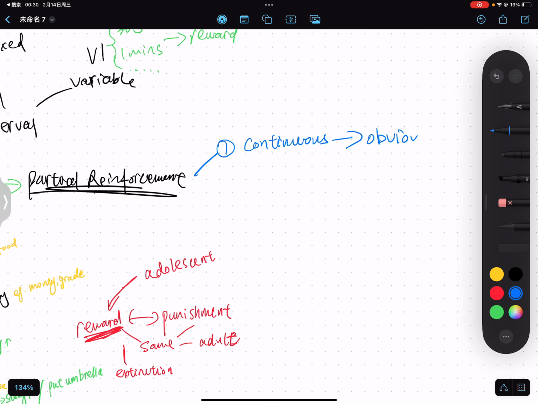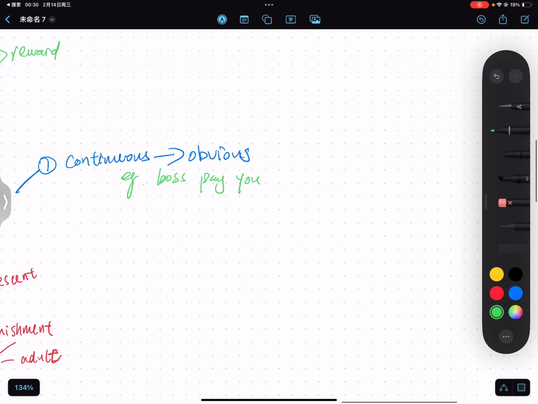For example, if your boss pays you each day, you will notice if he doesn't pay, but if your boss pays you each month, you will not notice immediately. And the second thing is partial schedules teach the organism to persist even if there's no reinforcement.